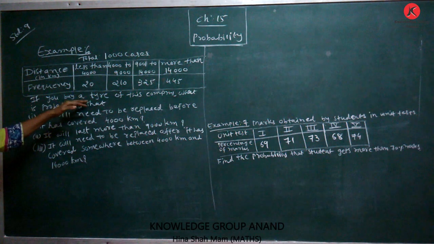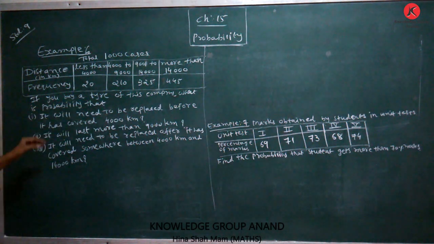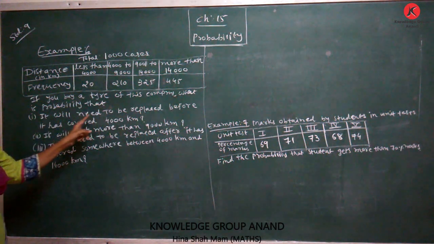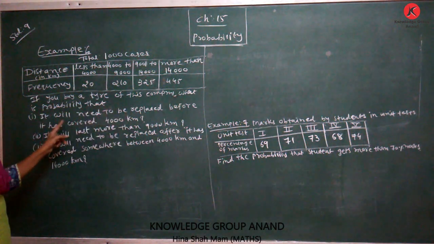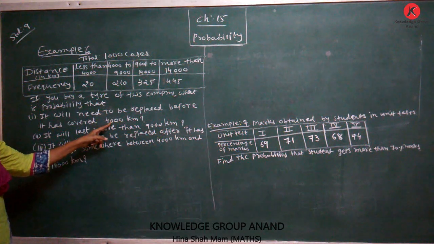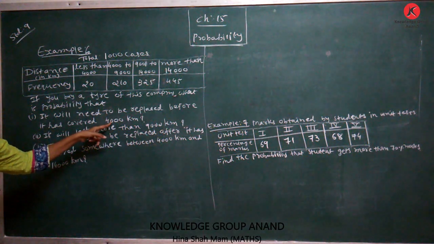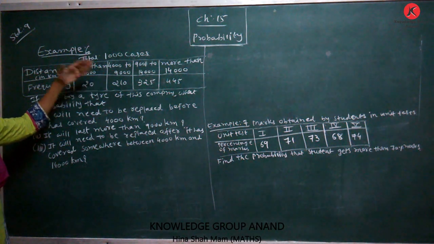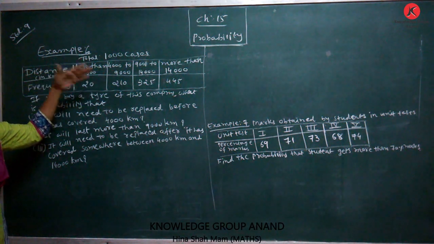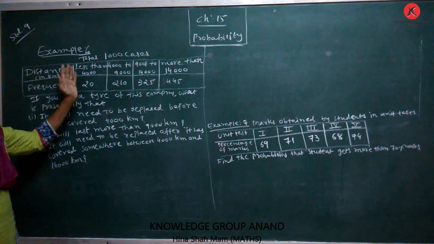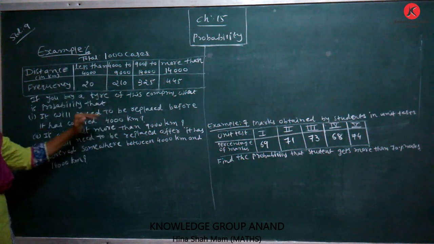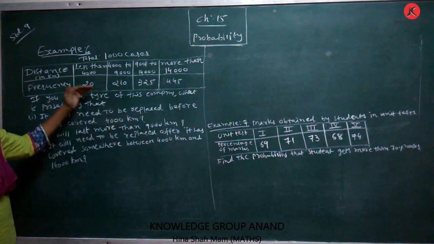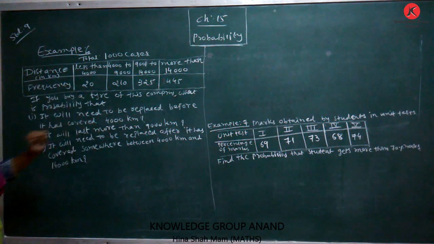If you buy a tire of this company, what is probability that it will need to be replaced before it has covered 4000 km? Before 4000 km, that means less than 4000, frequency 20 upon 1000.